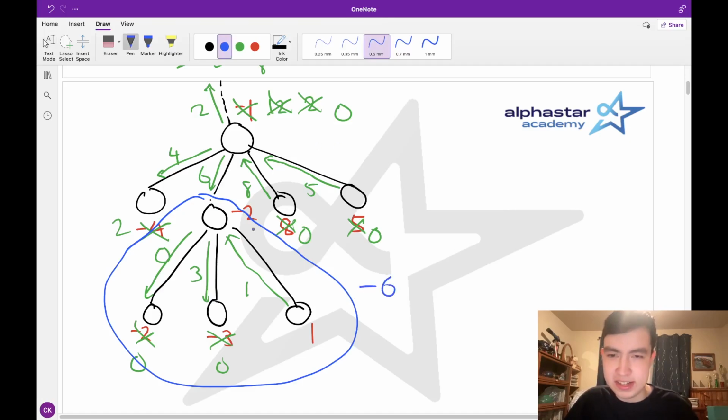So we can just treat this entire subtree as one giant node that has a value of -6, and we can get the parent to send 6 that way, and then process the subtree. So yeah, that's the idea of tree DP. We can essentially look at each parent and each child individually, and then only treat them as subtrees when we want to.